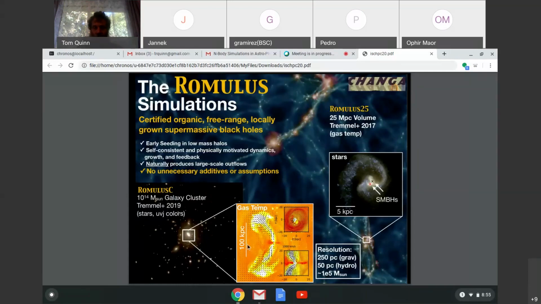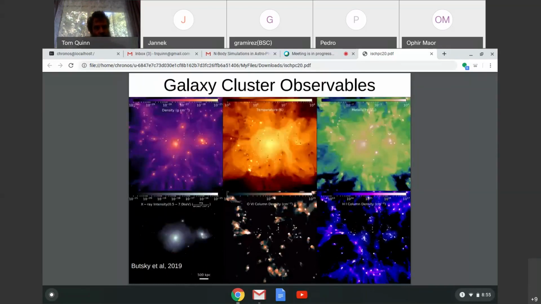So those are the kinds of simulations. We're doing the simulation both in a volume and in individual galaxy clusters. And what we're trying to understand, first of all, is can we reproduce what is seen? The bottom panels here are simulated observations with an X-ray telescope, with the Hubble Space Telescope in the ultraviolet, and with a radio telescope.